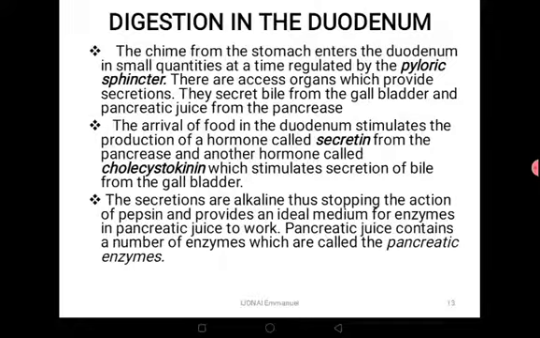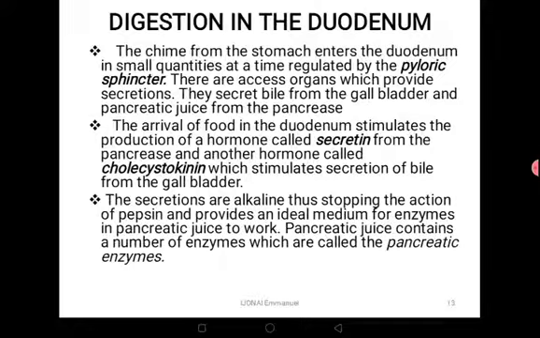The arrival of food in the duodenum stimulates the production of the hormone called secretin from the pancreas, and another hormone called cholecystokinin, which stimulates secretion of the bile from the gallbladder. So as soon as the food arrives at the duodenum, it stimulates secretion of those two hormones, secretin and cholecystokinin.